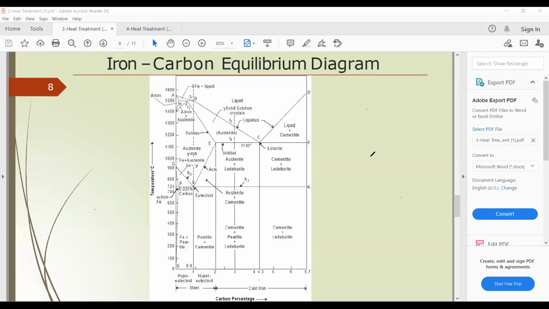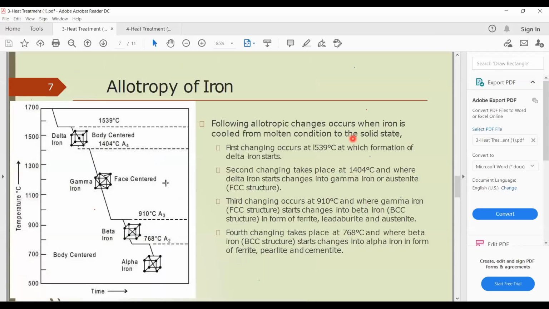Yes, allotropy structure means this structure. Yeah, this one you need to remember. That's what I just told you.